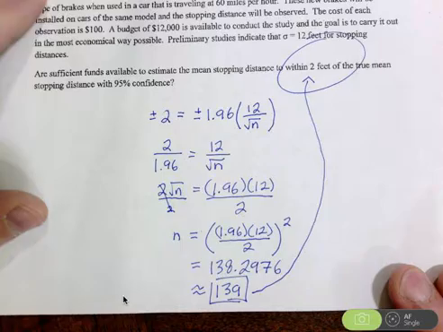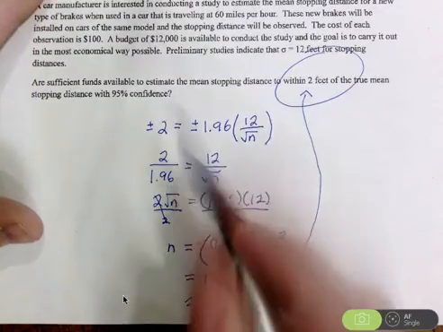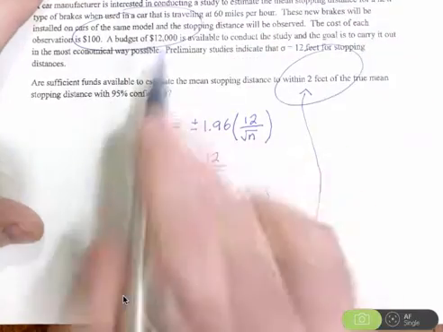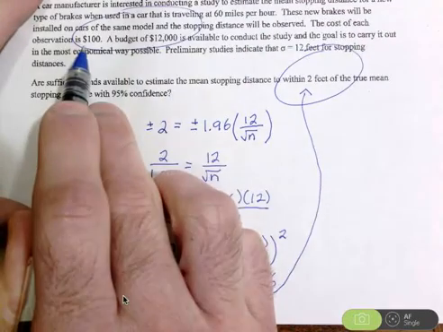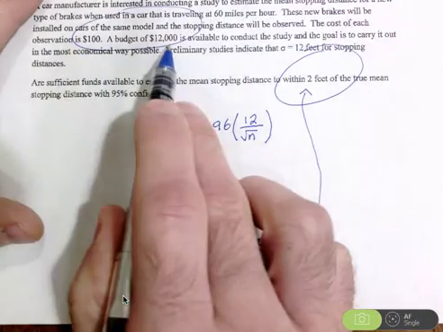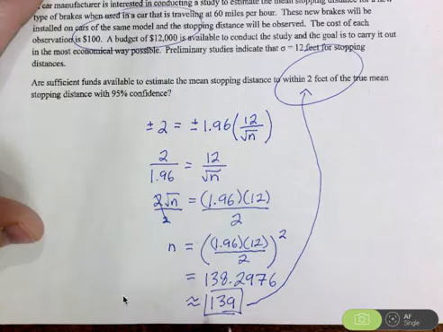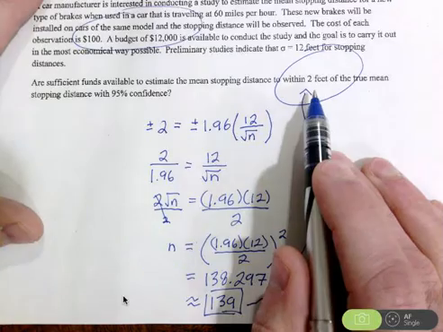But to answer the question, you still have to go back and use the 100 and the 12,000. The 12,000 divided by 100 is the 120 observations. I need 139 observations to get within 2 feet of the true mean.